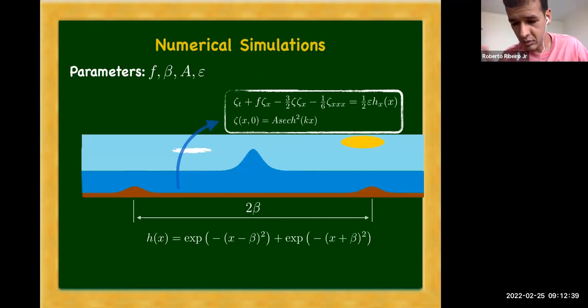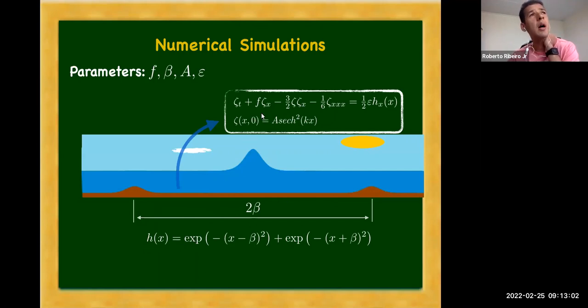Okay. Just to remind some points here. We are dealing with a problem in which the free surface is the solution of this PDE, and the topography is given by this equation here.